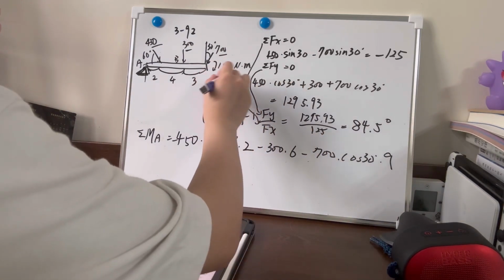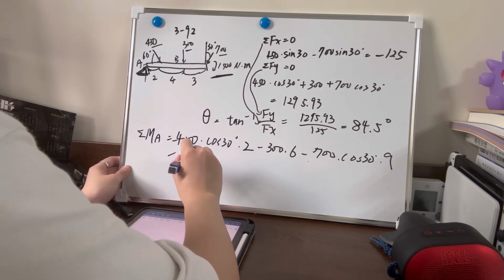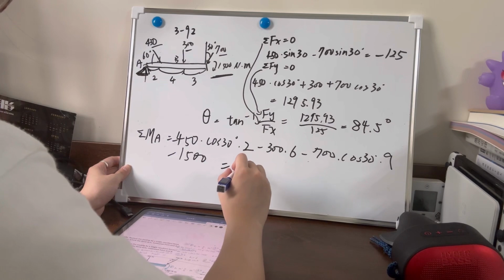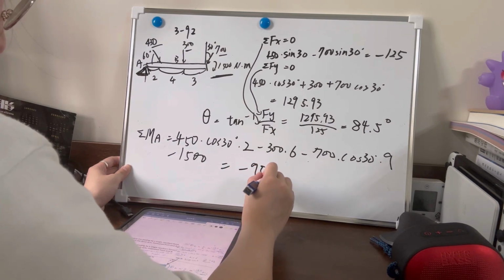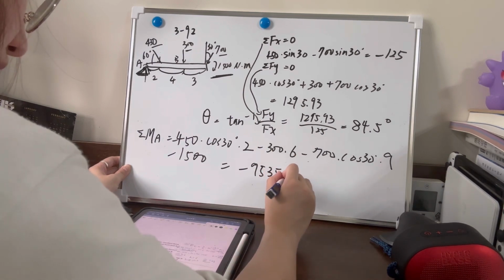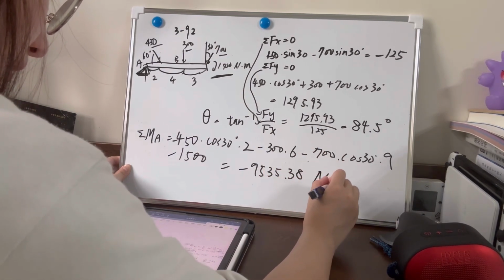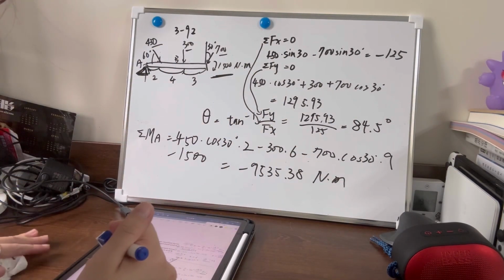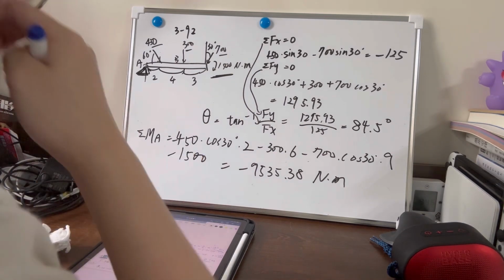But here also has the moment, so it's minus 1050, and the answer is minus 3535.338, and that's our moment A. And our moment A here.